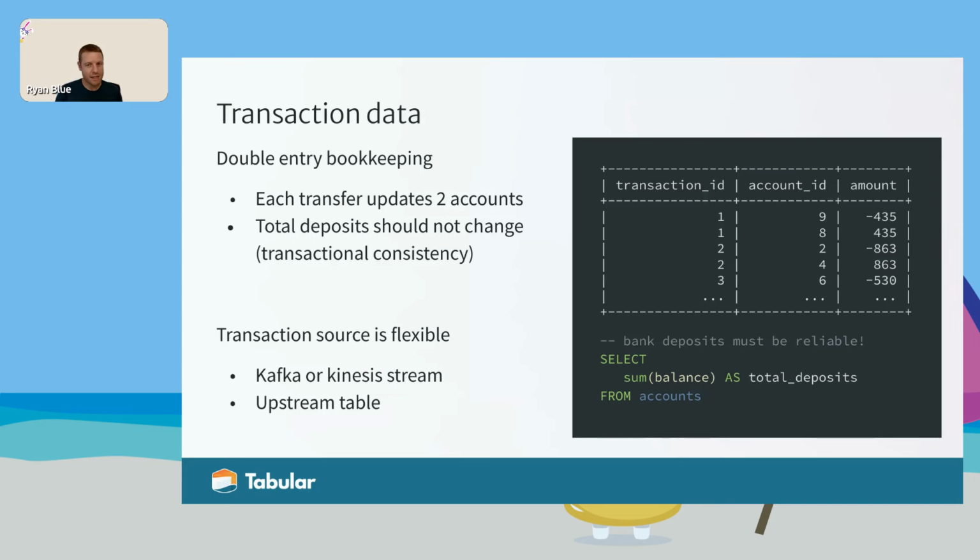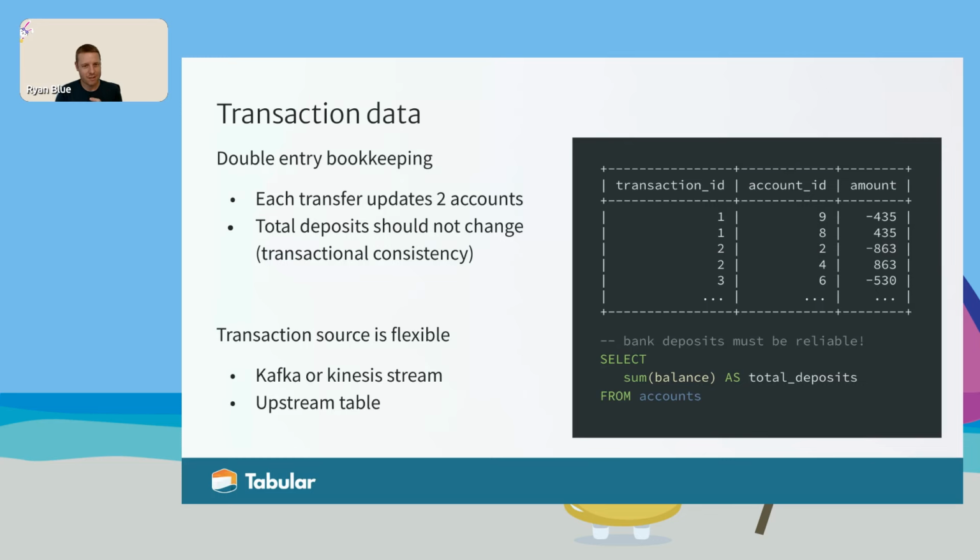And I think the key thing to remember here is that if we're using this table for analysis, we actually want it to also be reliable. So not only does the source table have to have this property that we don't create or destroy money, we want our downstream analytic table to have the same property. We should never see this table in a state where it's just completely out of whack.